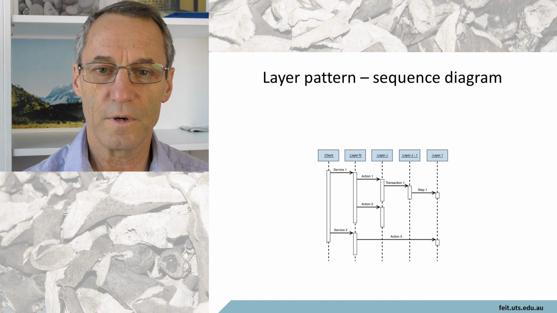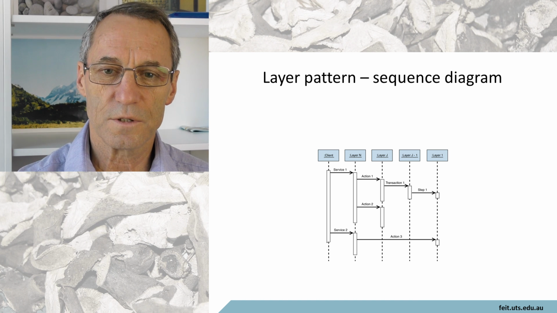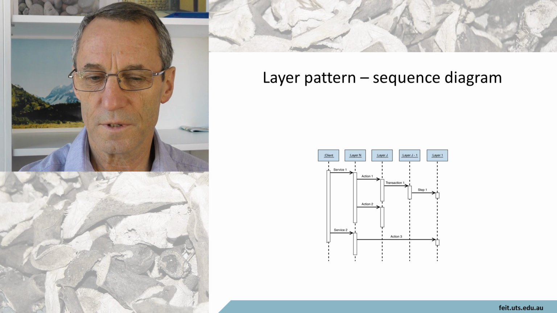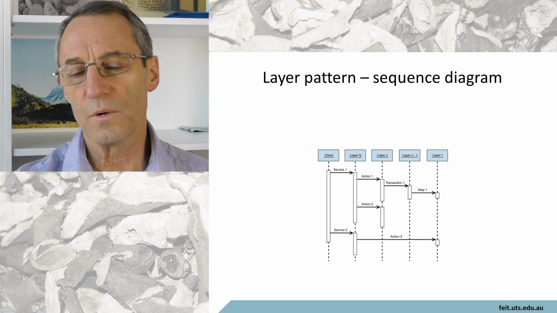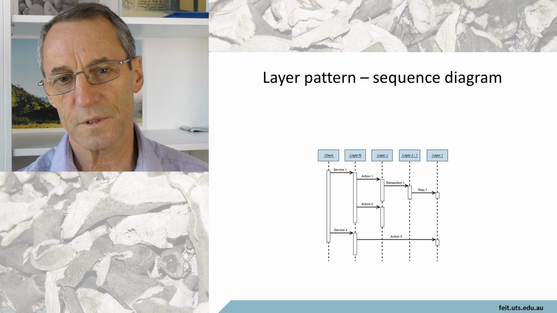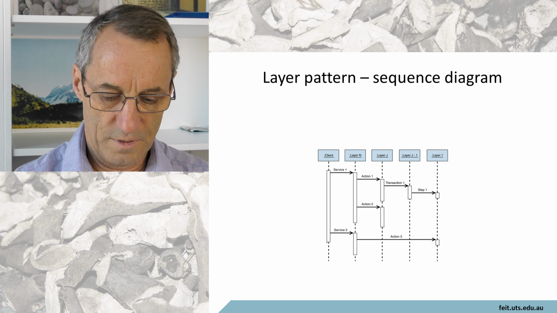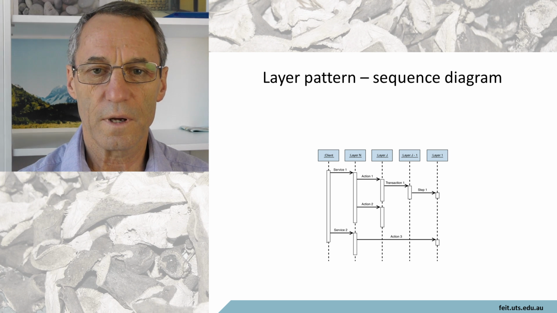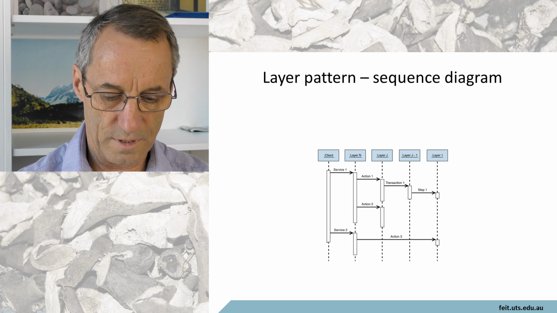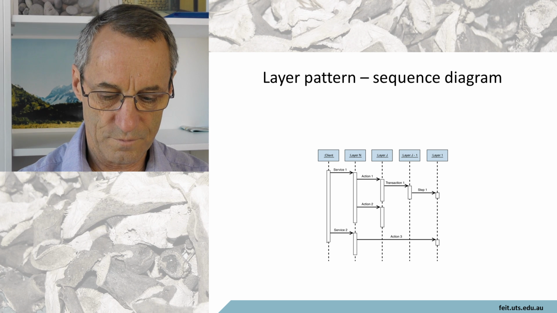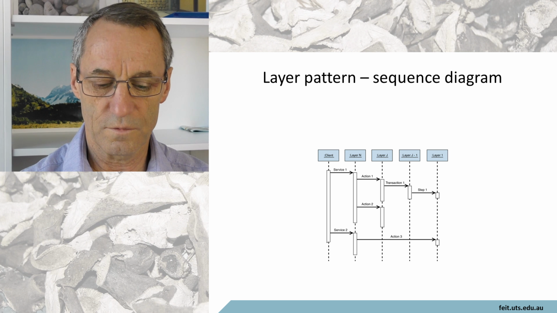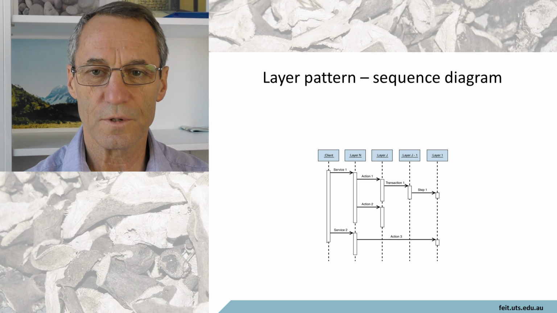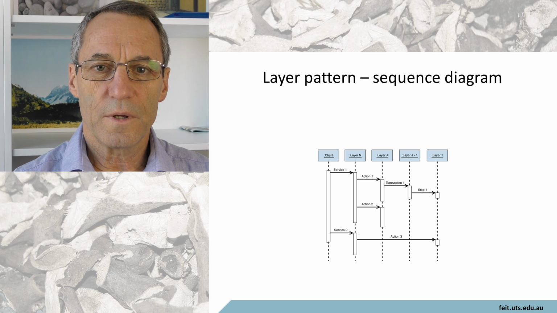There you have each component or each object calling on something from the next object, and each one going further on. Now that particular sequence diagram is not strict layering, because you see there that layer N calls directly to layer 1, 3 layers over, so possibly it should not be allowed. But there you have it.